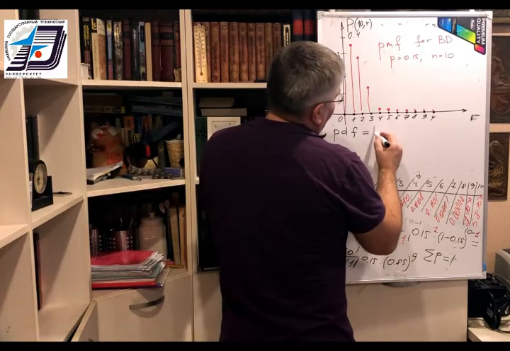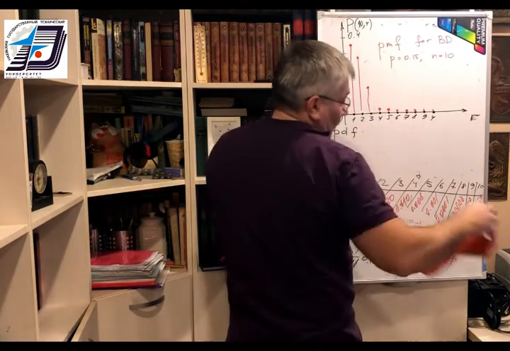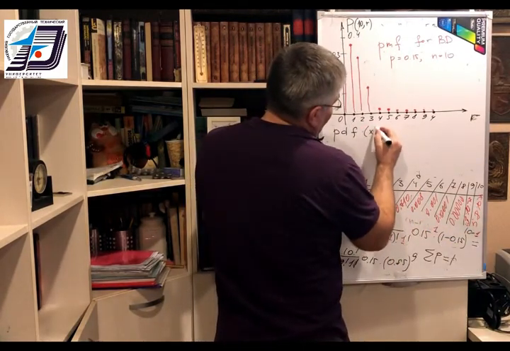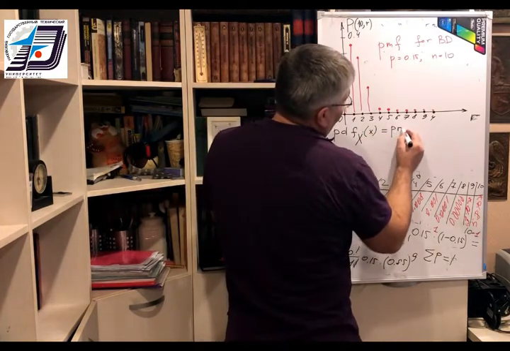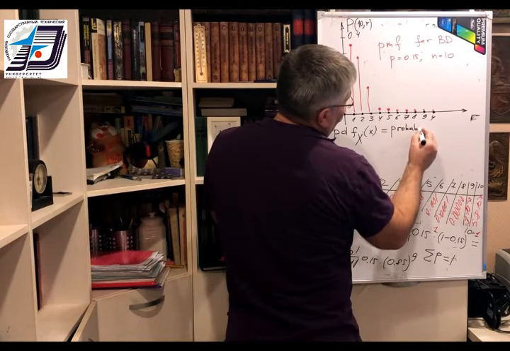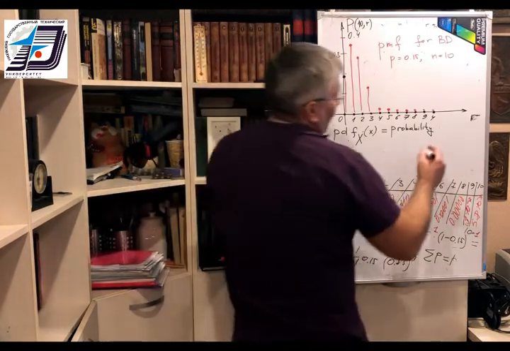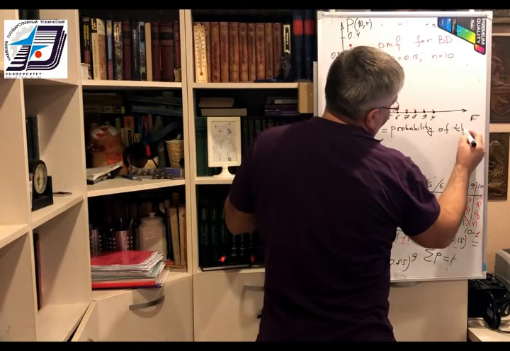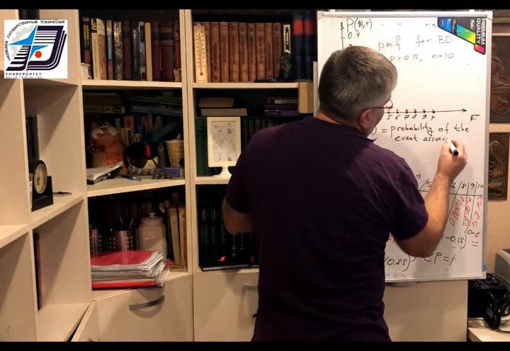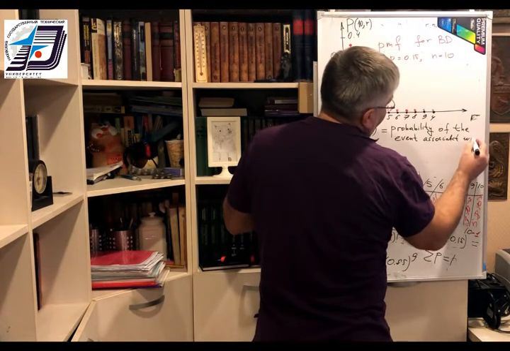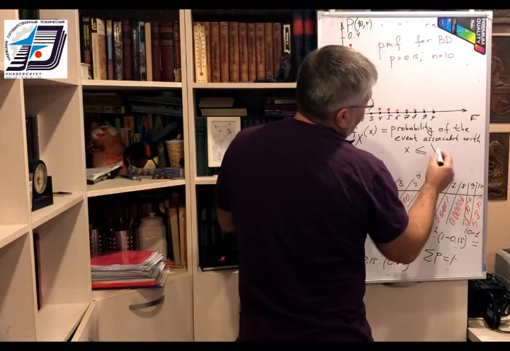We usually denote it like probability of small x and capital X. It gives the probability of the event associated with x small, which is less or equal to x capital.